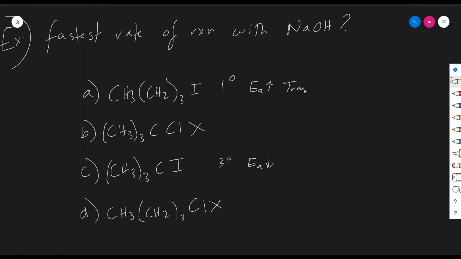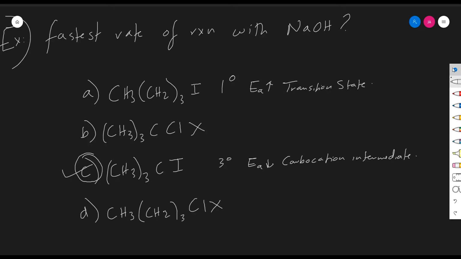As I will note here, this requires the formation of a transition state, while this requires the formation of a carbocation intermediate. And thus, the fastest rate of reaction would occur for this tertiary iodohalide group. So the answer would be C.